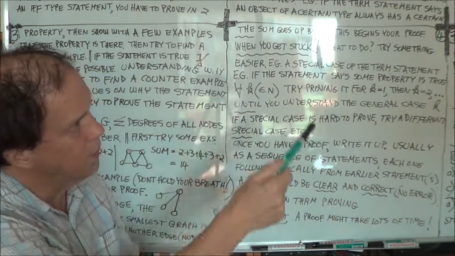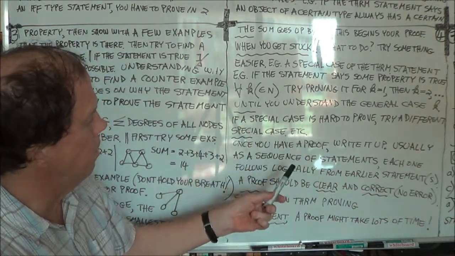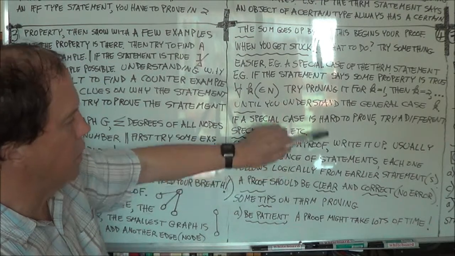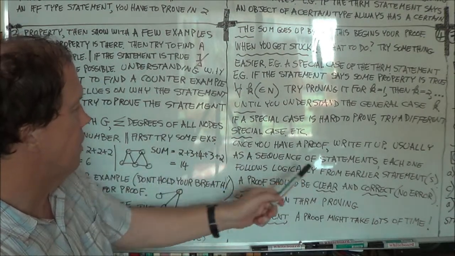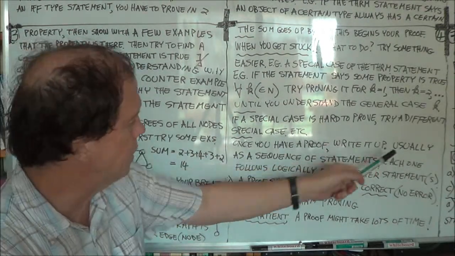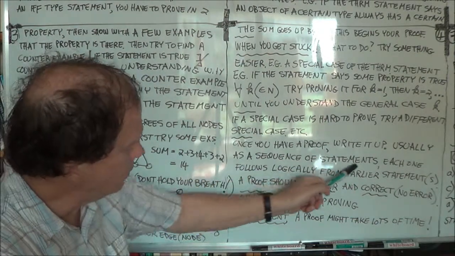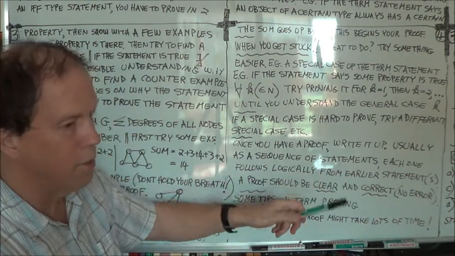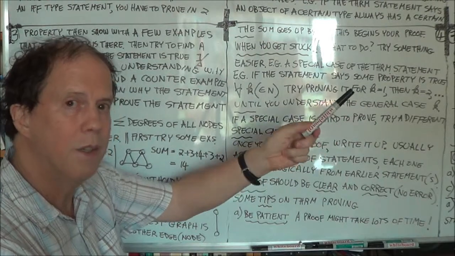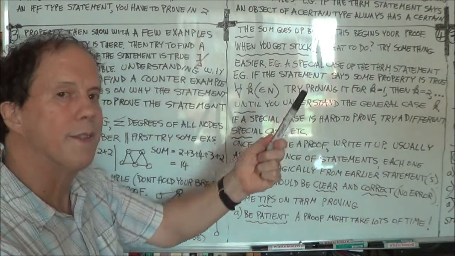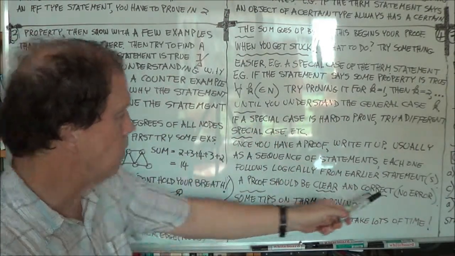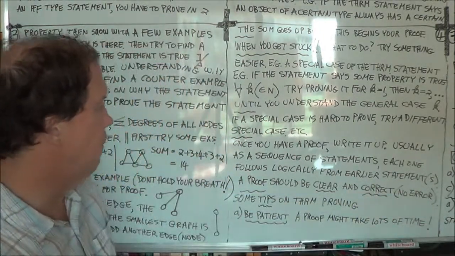And we'll do examples in a session or two of this kind of thing. This is speaking in general. So usually a proof takes the form of a sequence of statements, and each statement usually is a logical deduction from earlier statements, one or more, right?